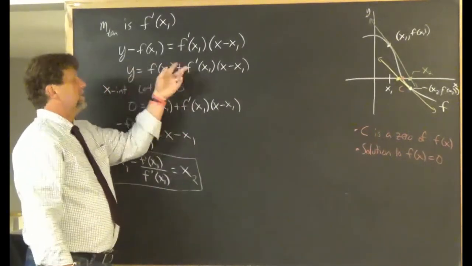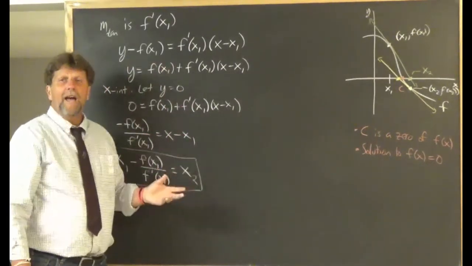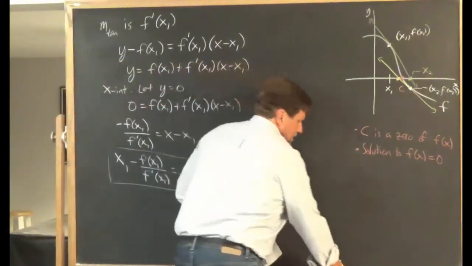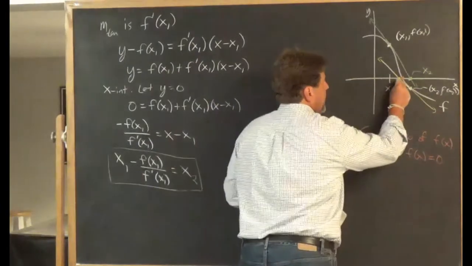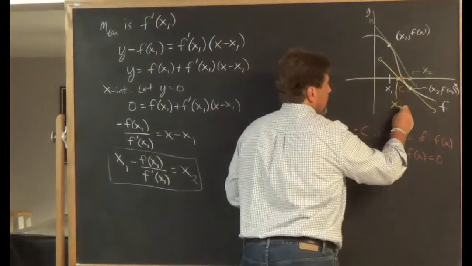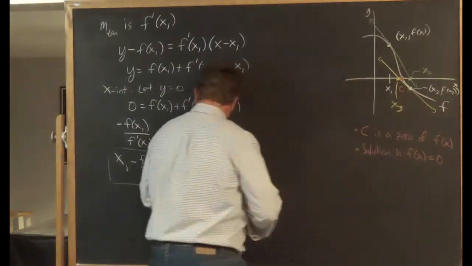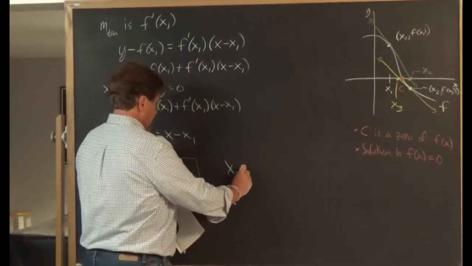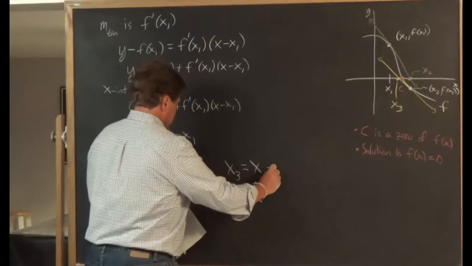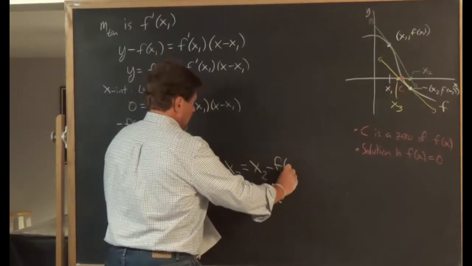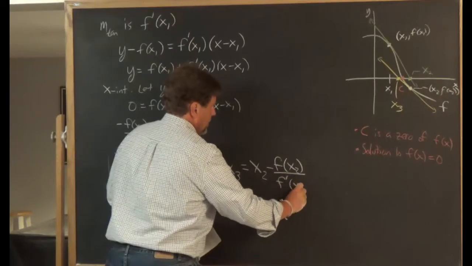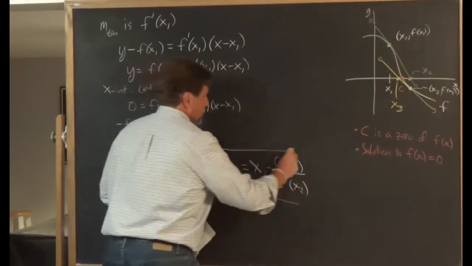You would use point slope form, solve for x, and I would rename that x-intercept x sub 3, and you would find that x sub 3 is equal to x sub 2 minus f of x sub 2 over f prime of x sub 2.